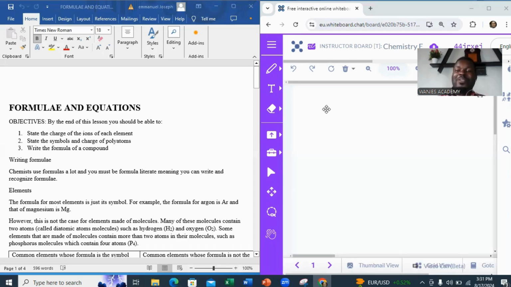Prior to that, we had also considered the valency of some of these compounds and elements. And today we'll be looking at how to write the formula of a compound.